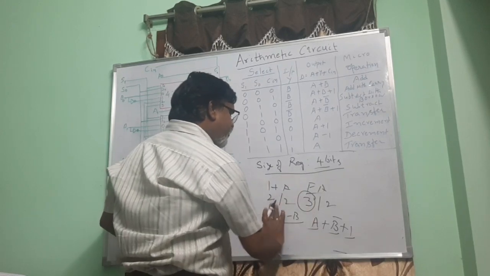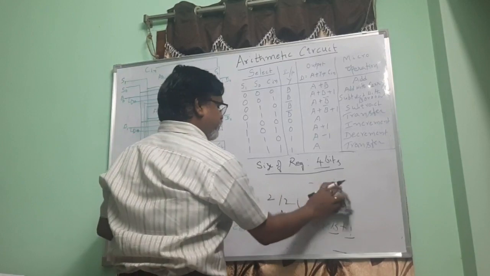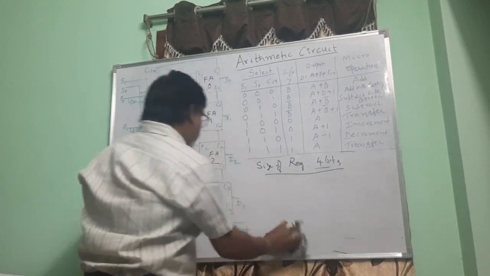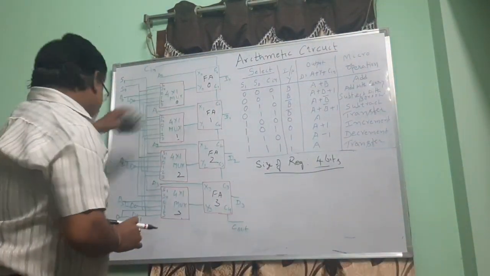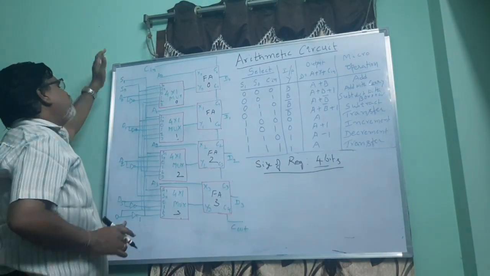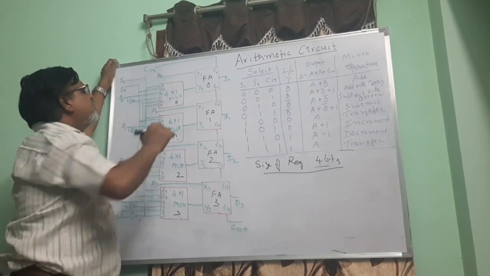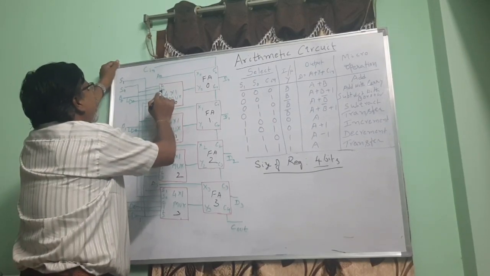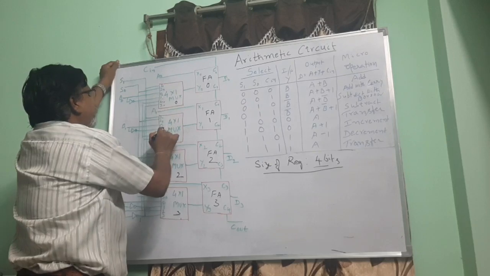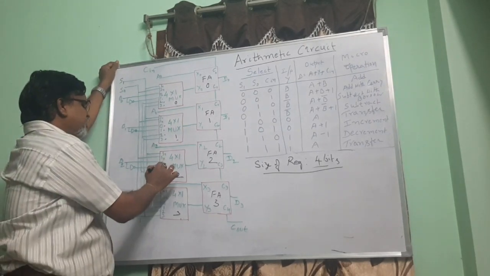That's why we use full adders in our circuit. Now come to the connections. As I told you, we are going to perform 4 operations, so 0, 1, 2, 3, that is 4 input lines for each multiplexer.